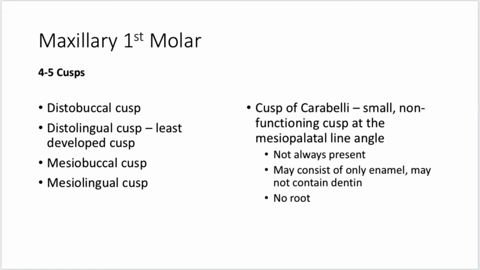The distal lingual cusp is the least developed cusp. The cusp of Carabelli is a small, non-functioning cusp at the mesiopalatal line angle. It is not always present, and it may consist of only enamel and may not contain dentin. There is no root for the cusp of Carabelli.